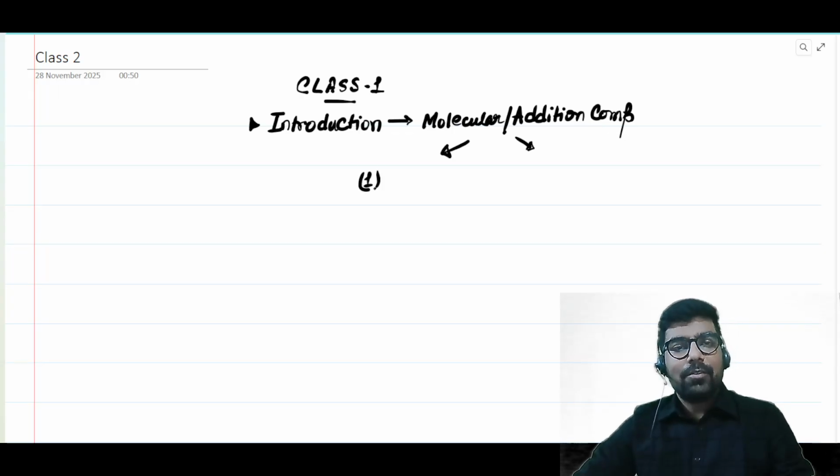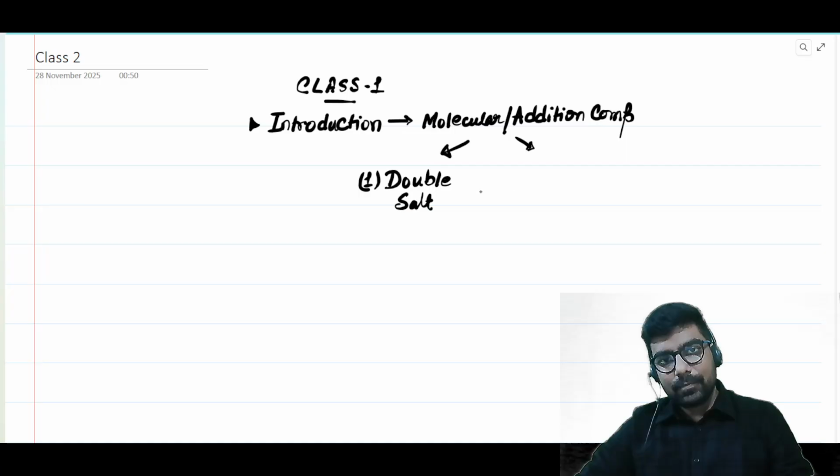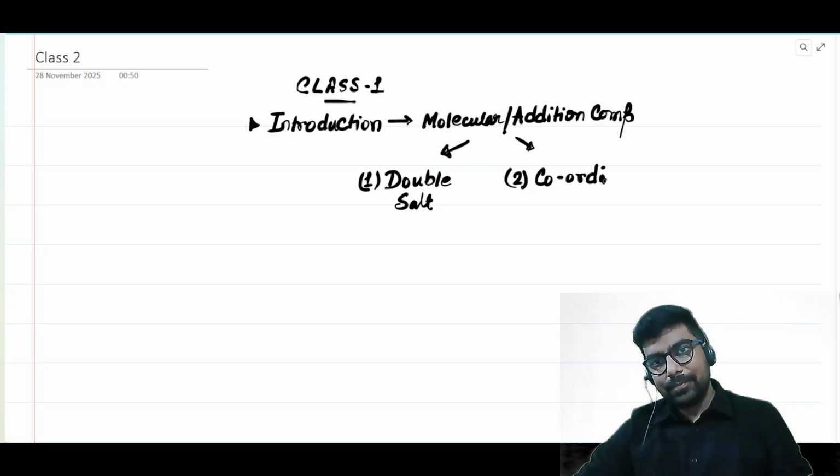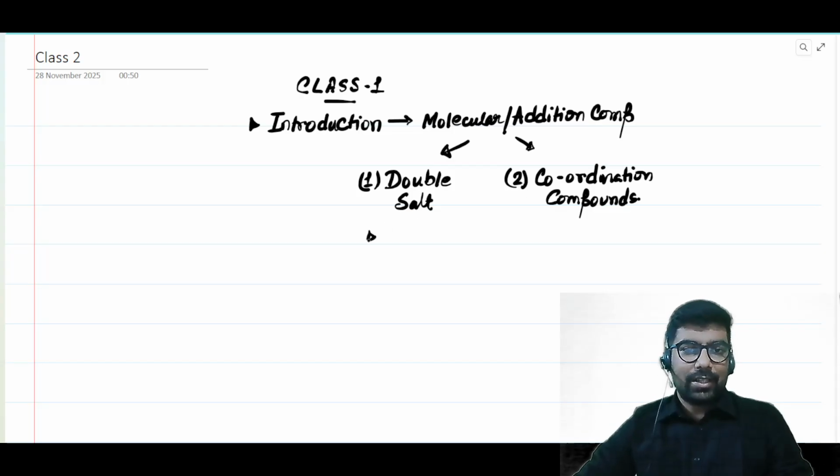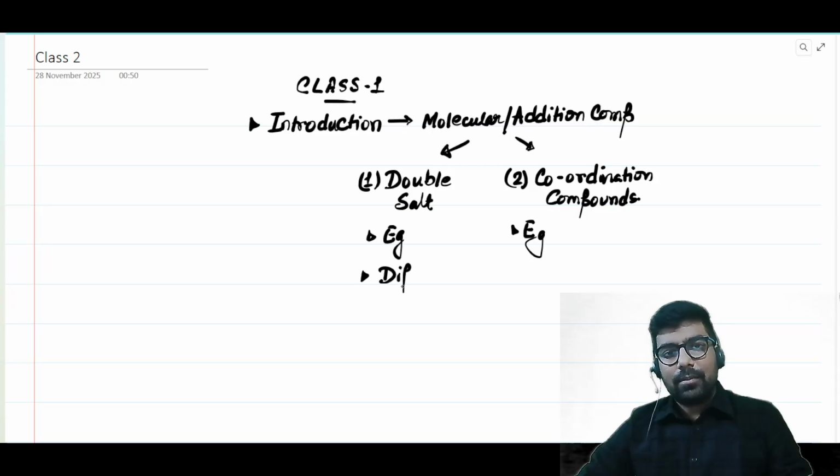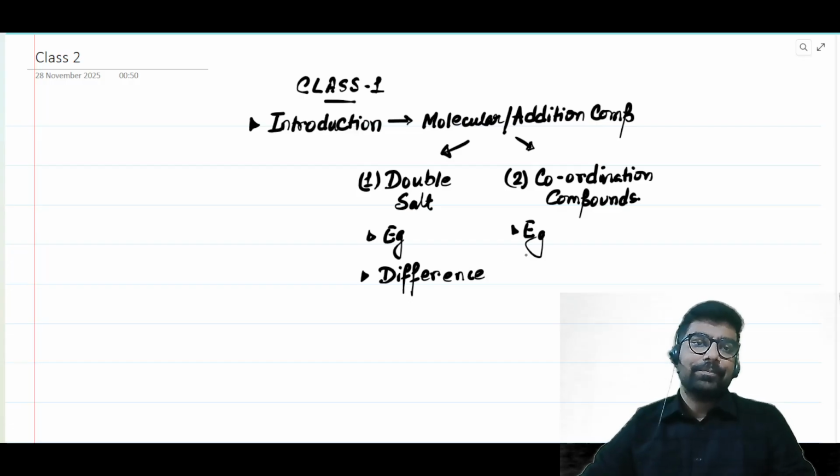First one was double salt. Second one was coordination compounds. We discussed individual examples of double salts and coordination compounds, and then we also understood the difference between a double salt and a coordination compound, right? So it was the first thing that we have done.